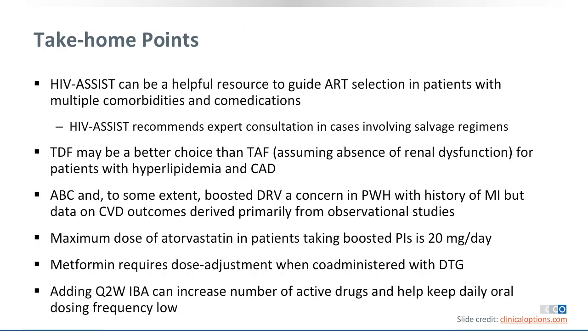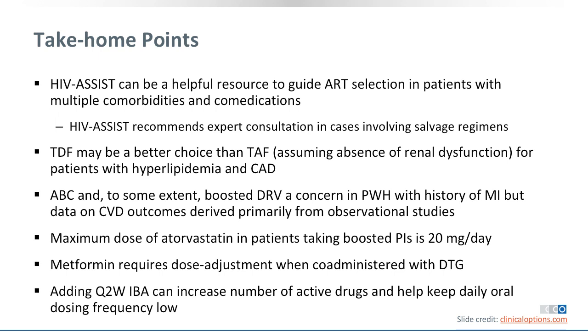But the take-home points really are that this can be a helpful resource to guide ART selection in patients with multiple comorbidities and co-medications, lots going on, treatment failure, advanced resistance. And if you are dealing with a case like this involving multi-drug resistance, seeking additional consultation is not just available, it's wise to do, and it's possible to do with HIV-ASSIST.